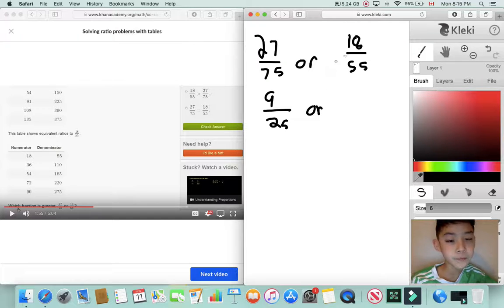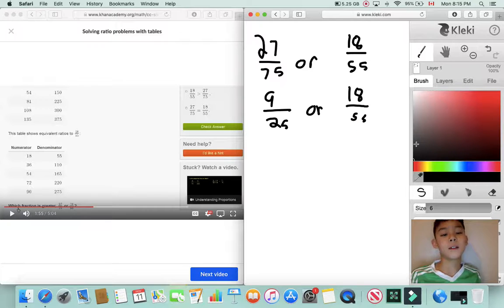I think that's simplest form. So I think that's already simplest form.